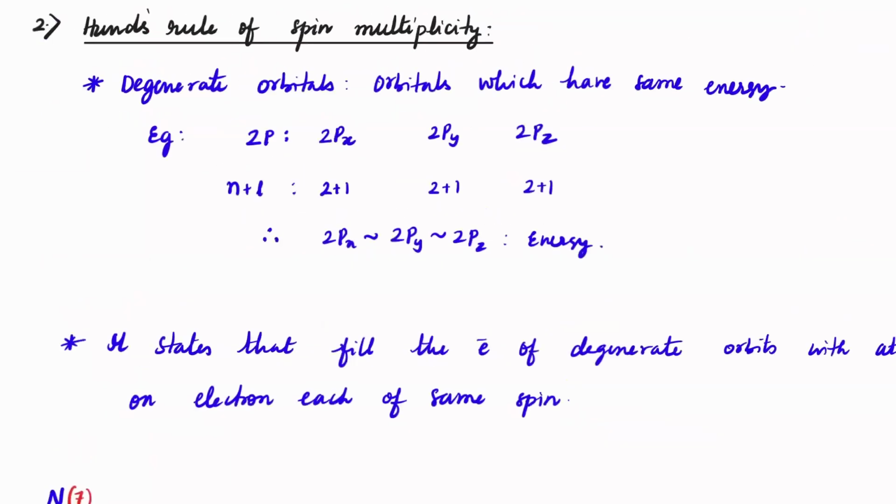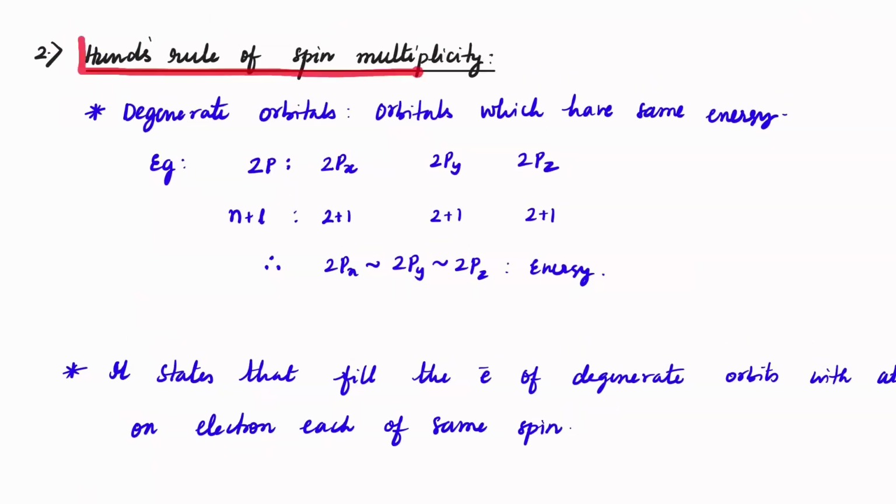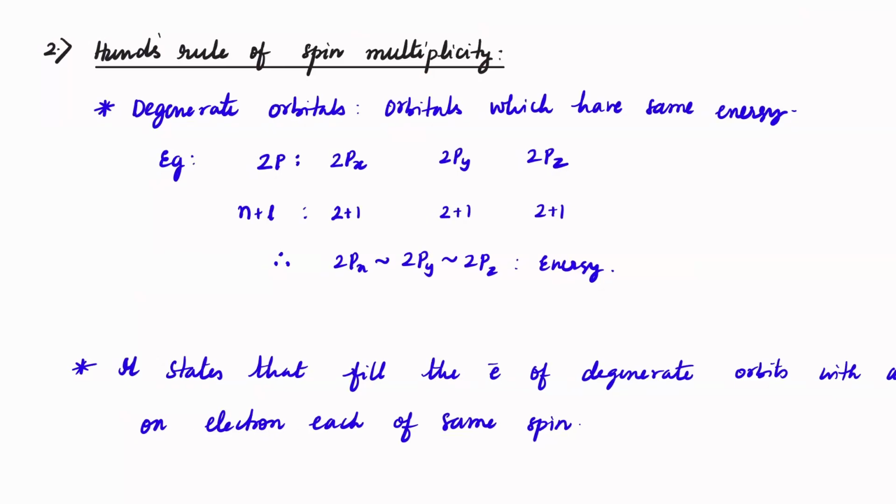Next, check out the second one, Hund's rule of spin multiplicity. Hund's rule suggests that if at all we have degenerate orbitals, what are degenerate? That means these are orbitals having the same energy. For example, 2p. 2p is a subshell, but within that subshell, we know that it can have three different orbitals, three different orientations. One is 2px, 2py, and 2pz.